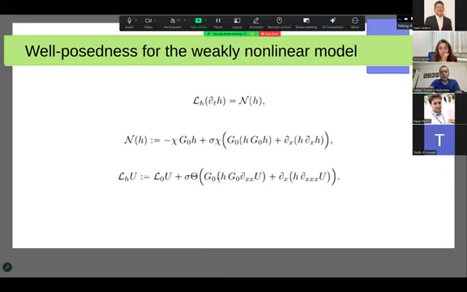I'm going to solve first the elliptic operator, because I can solve L0 just by dividing on the Fourier side. When I say I will solve for this elliptic operator, I mean I will do a fixed point to be able to solve the nonlinear elliptic operator. And then once I do the fixed point to solve the nonlinear elliptic operator for a given h bar, I will consider the mapping that maps h bar into h, solving this guy right here.